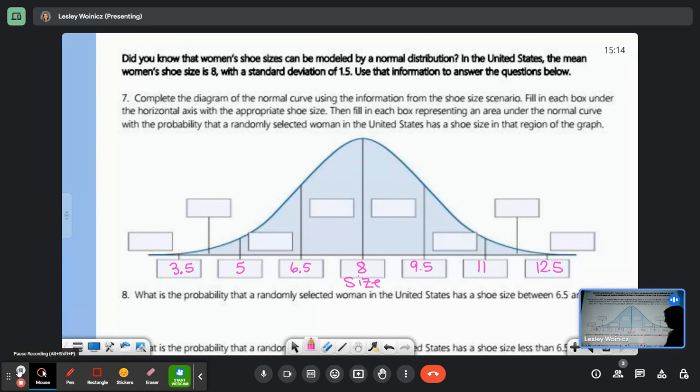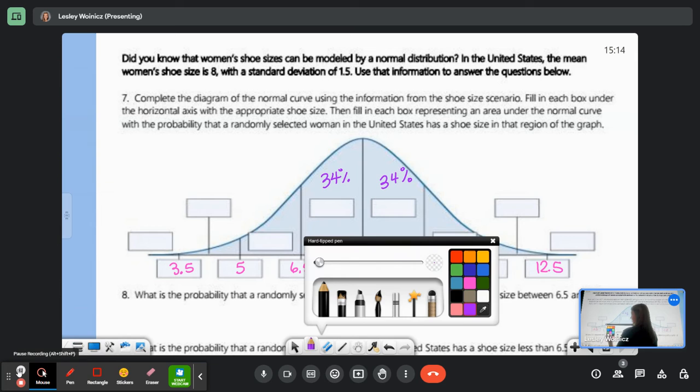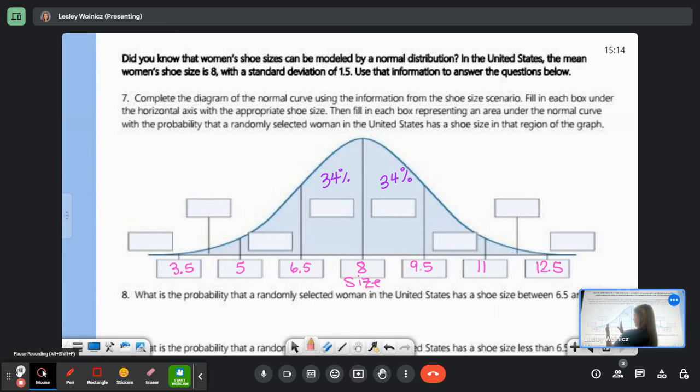Does anybody remember what percent went right here? 34% and 34%. Okay, what about between the first and second standard deviation? 13.5. Correct?